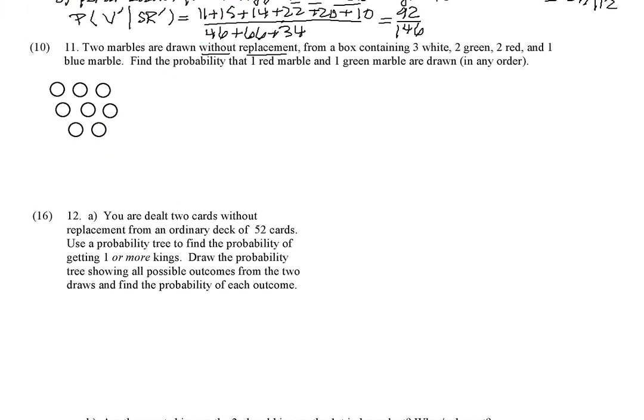Okay, so let's color these guys here. So here's our 3 white, 2 green, 2 red, and then 1 blue. Okay, so there's our marbles. And they're in our box here.